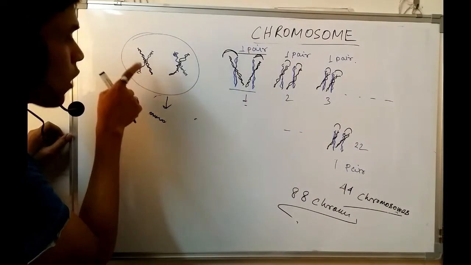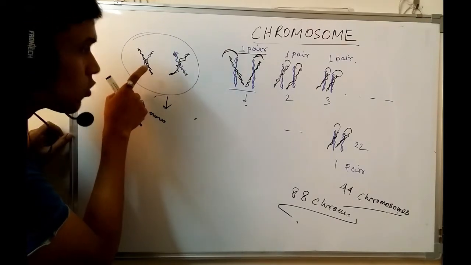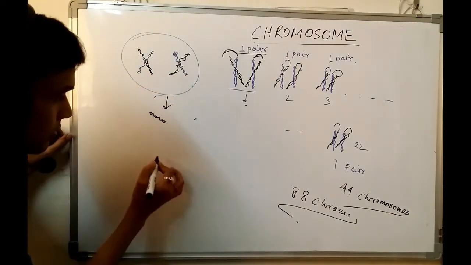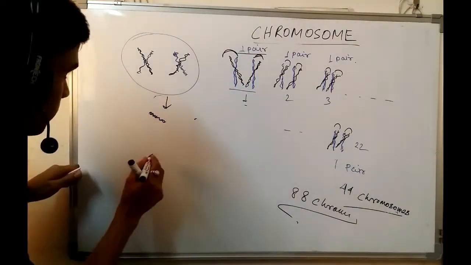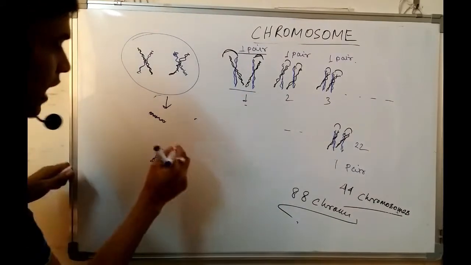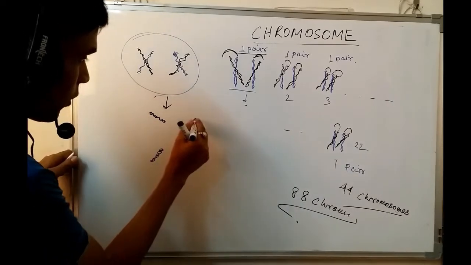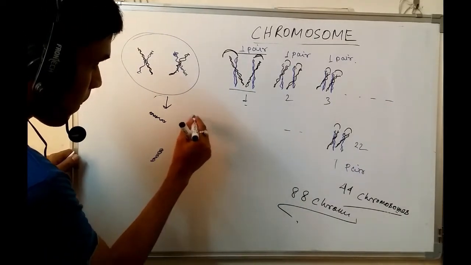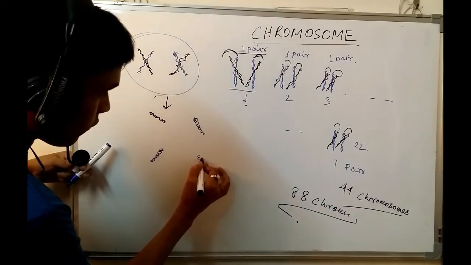That means one cell gets one chromatid of chromosome 1, and another cell gets another copy of this chromatid. Likewise, one cell gets one copy of this chromatid, and another cell gets another copy of its chromatid.